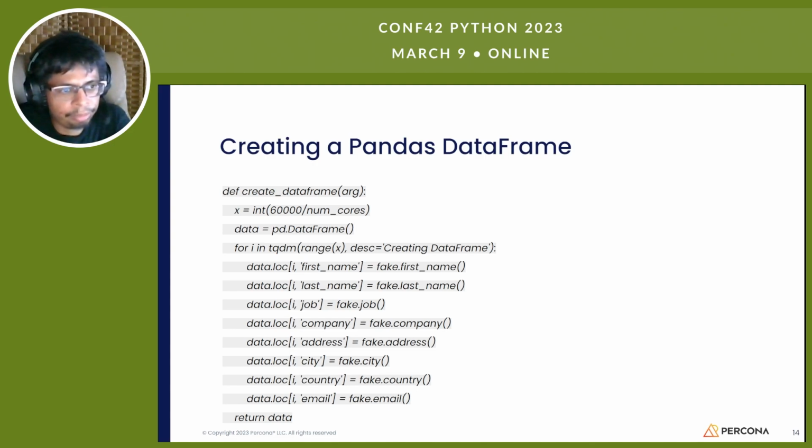That's why we are dividing the number of records that we will generate by the number of CPU cores minus one. Then we create an empty data frame, create all the columns in the data frame, and assign as values the values returned by calling some of the properties provided by Faker.